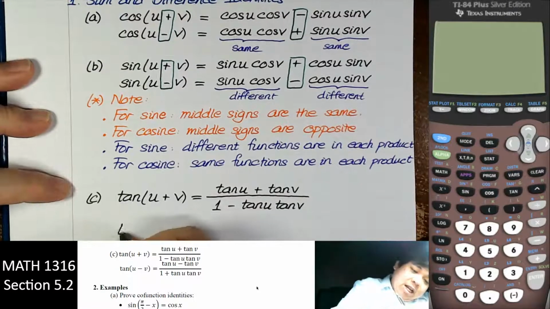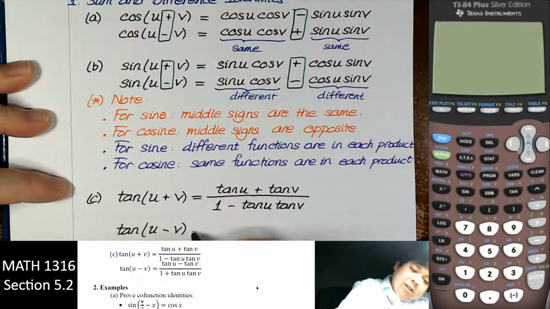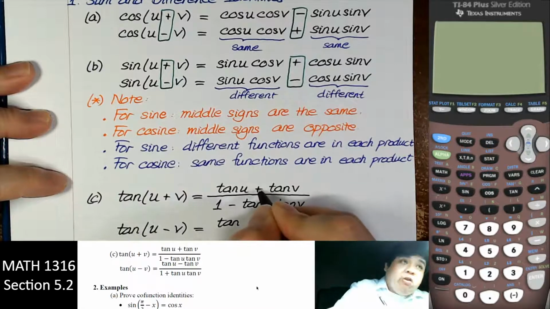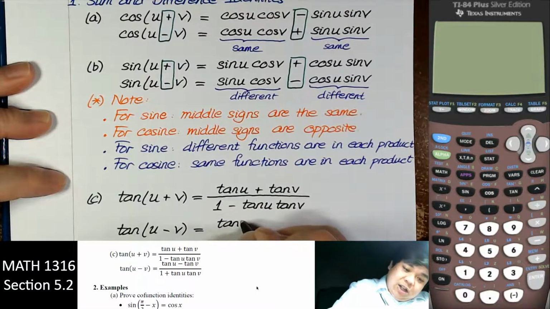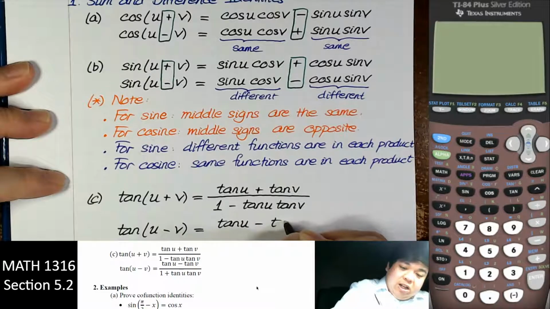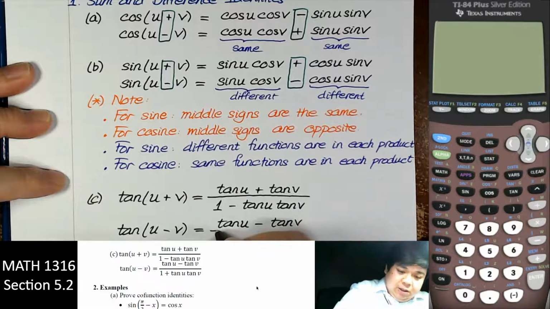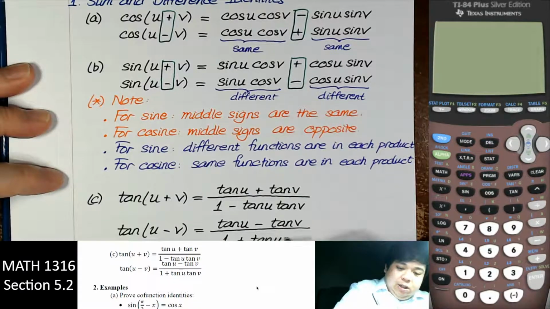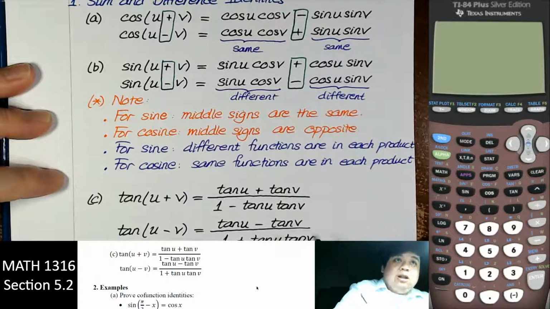And then if there's tangent of u minus v, we just flip the plus and minus here. Tangent of u minus tangent of v over 1 plus tangent of u tangent of v.